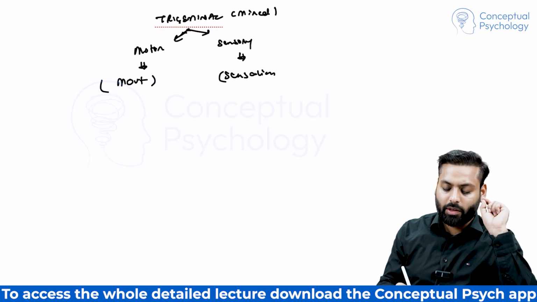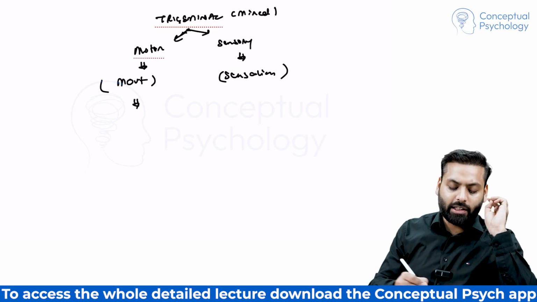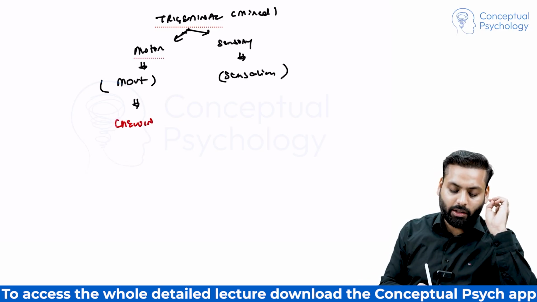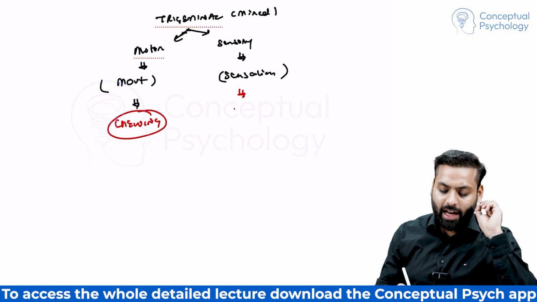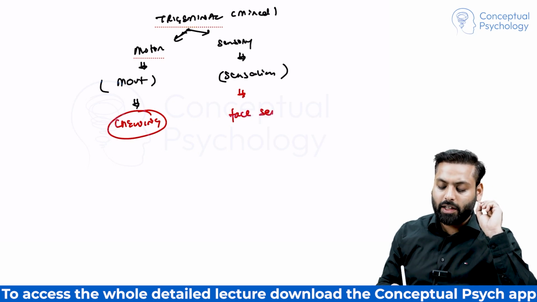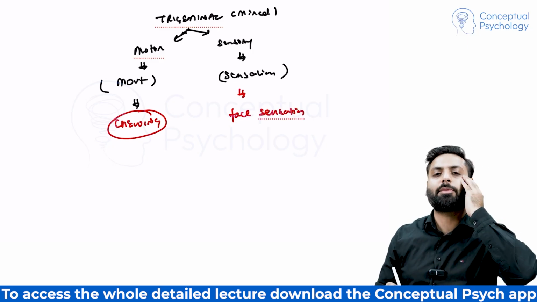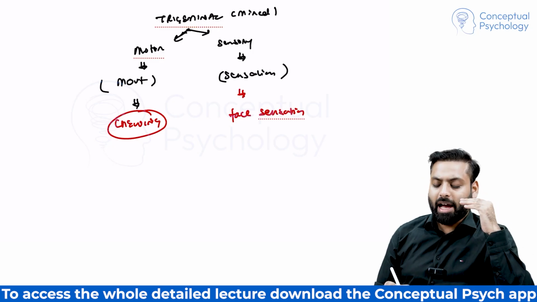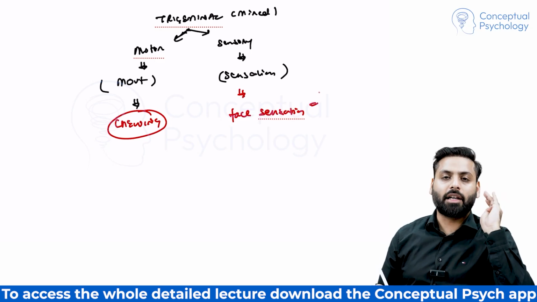So, which movement does trigeminal nerve help with? Chewing. Which sensations does the trigeminal nerve carry? It carries the sensations of the face. All the sensations, touch, pain, temperature, pressure over the face is carried by trigeminal nerve. And I can chew because of the trigeminal nerve.